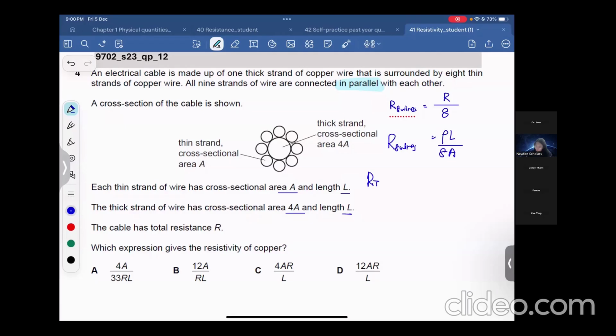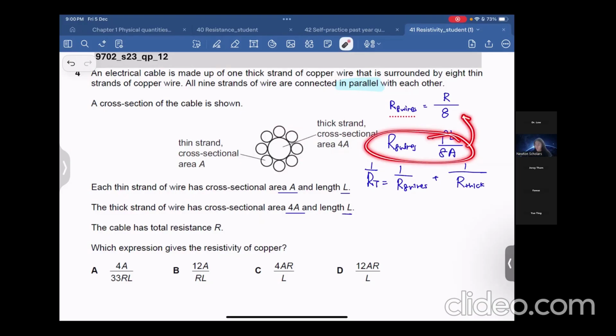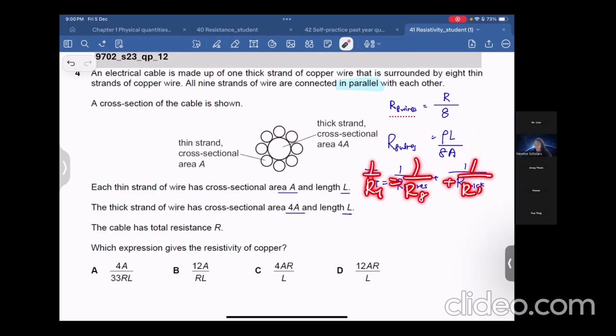What is your total resistance? The total resistance is 1 over the 8 wires plus 1 over the 1 thick wire, because they are in parallel. I solved the 8 first because they have the same resistance, so it is easier. I cannot use the shortcut with the thick one because it is different. Then 1 over the total is 1 over the 8 thin wires plus 1 over the thick wire.